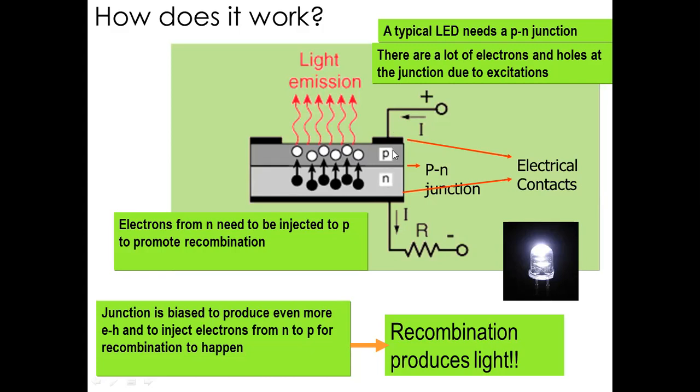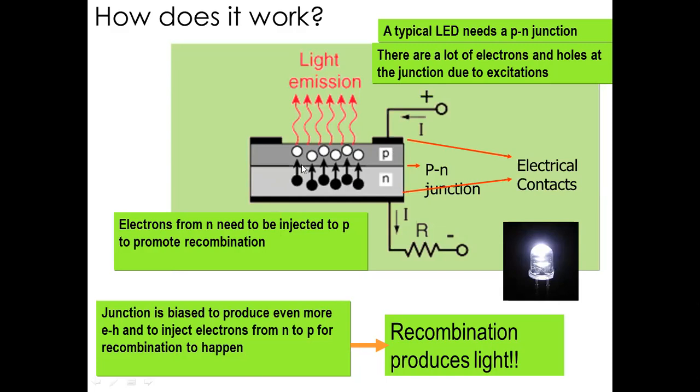The positive supply is given to the P layer and the negative supply is given to the N layer. Because of this excitation, what will happen? The force on the electrons is applied in the opposite direction because of the potential barrier in between.